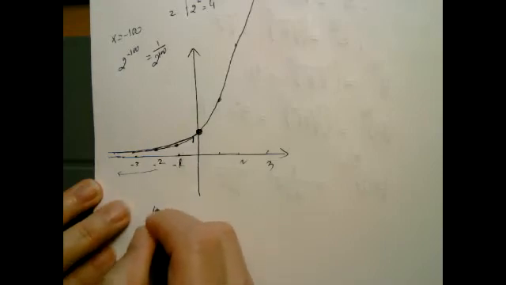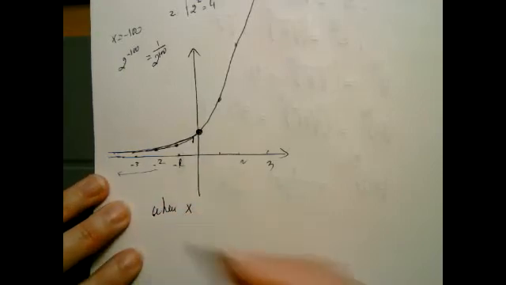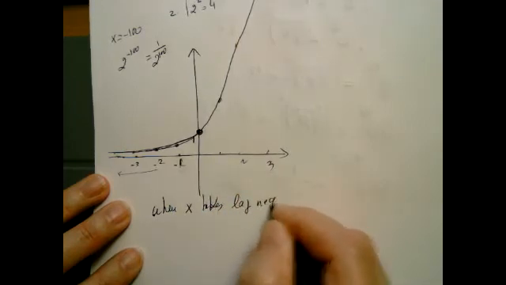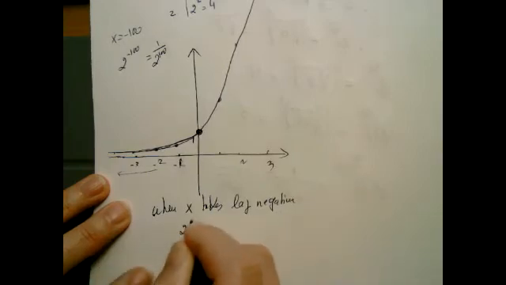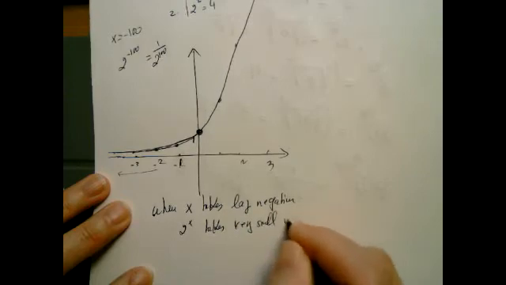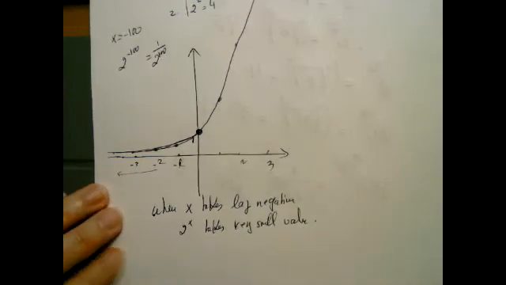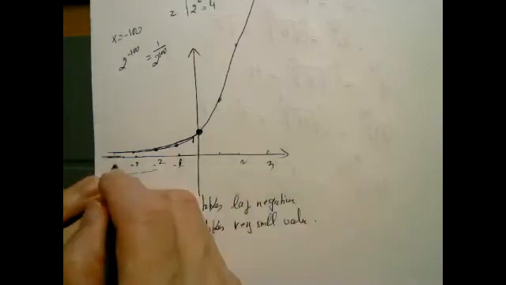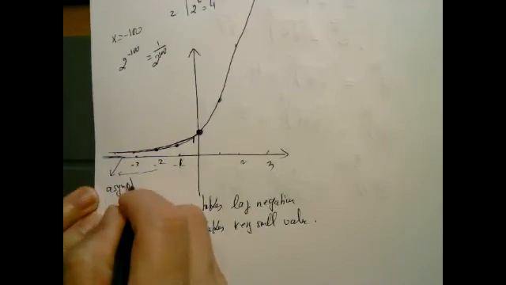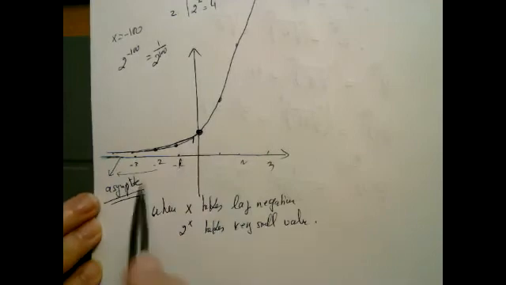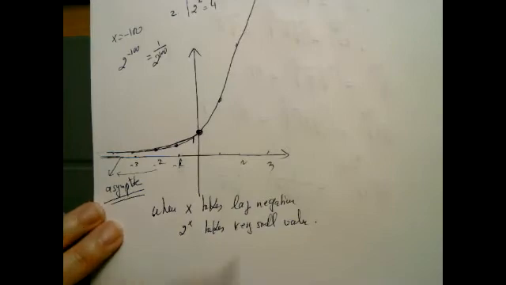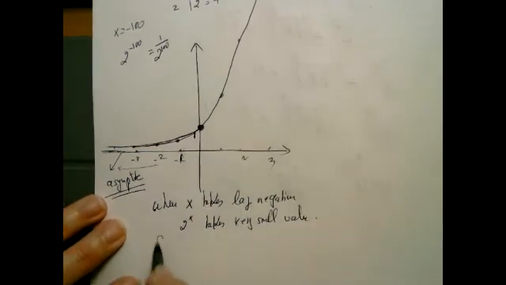So when x takes large negative values, 2 to the x takes very, very small values. This line here, the x-axis, we usually call an asymptote, which reflects the fact that when x takes very large negative values, the outputs become very, very close to zero.